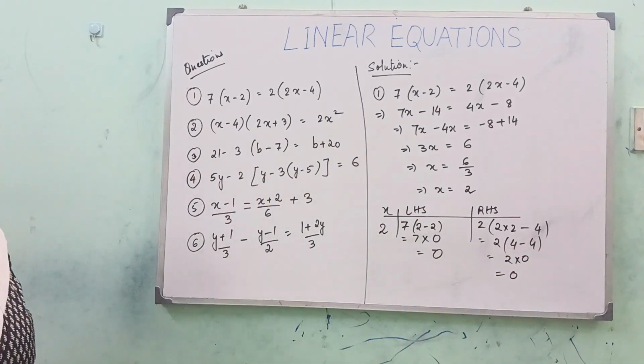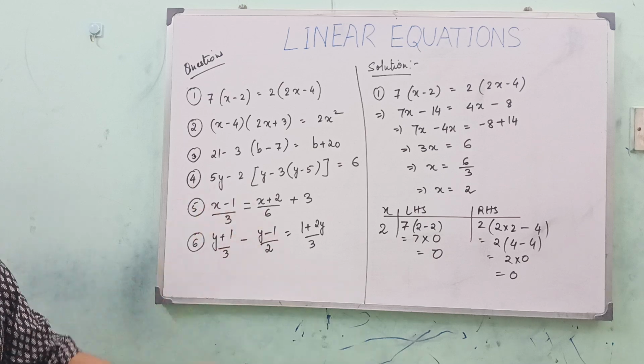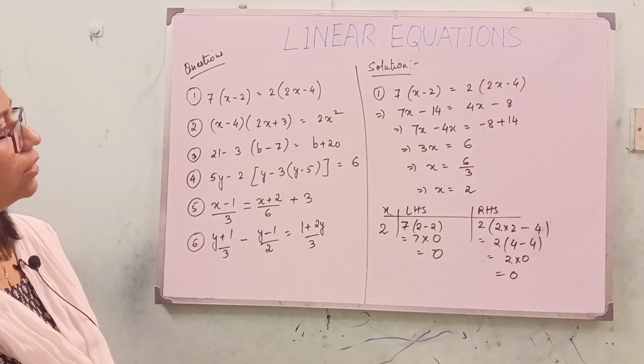So the RHS and the LHS both are equal to 0, so you can see the first sum has been solved over here.